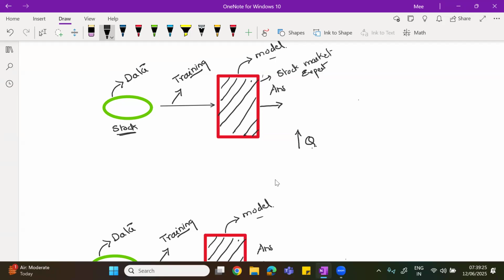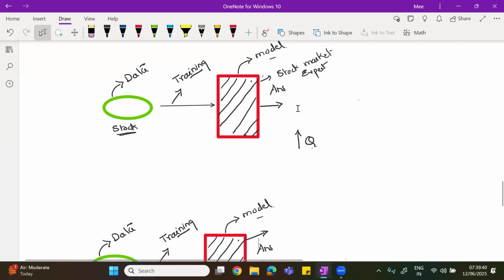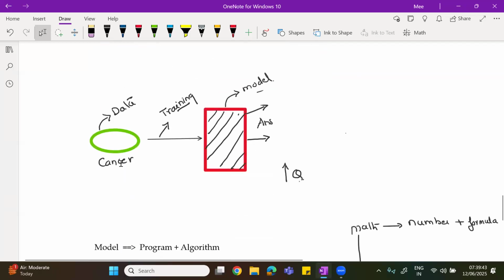Now take the same model again. It was working on the data and became a stockbroker. Based on other data, the same model will act like a doctor. You can use it in different places and different ways. That is why this is called a model.